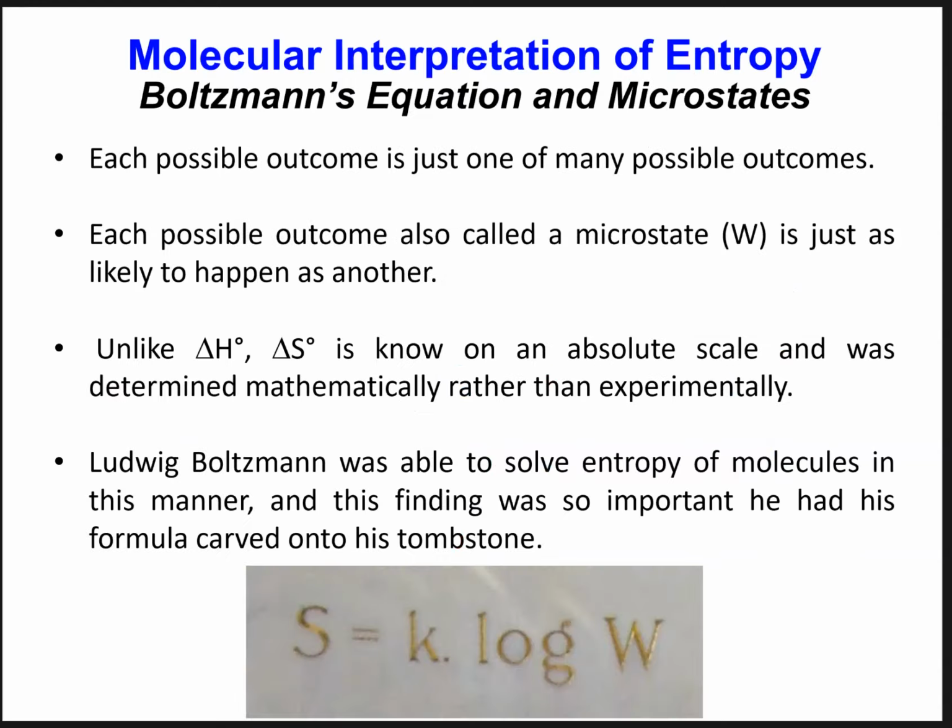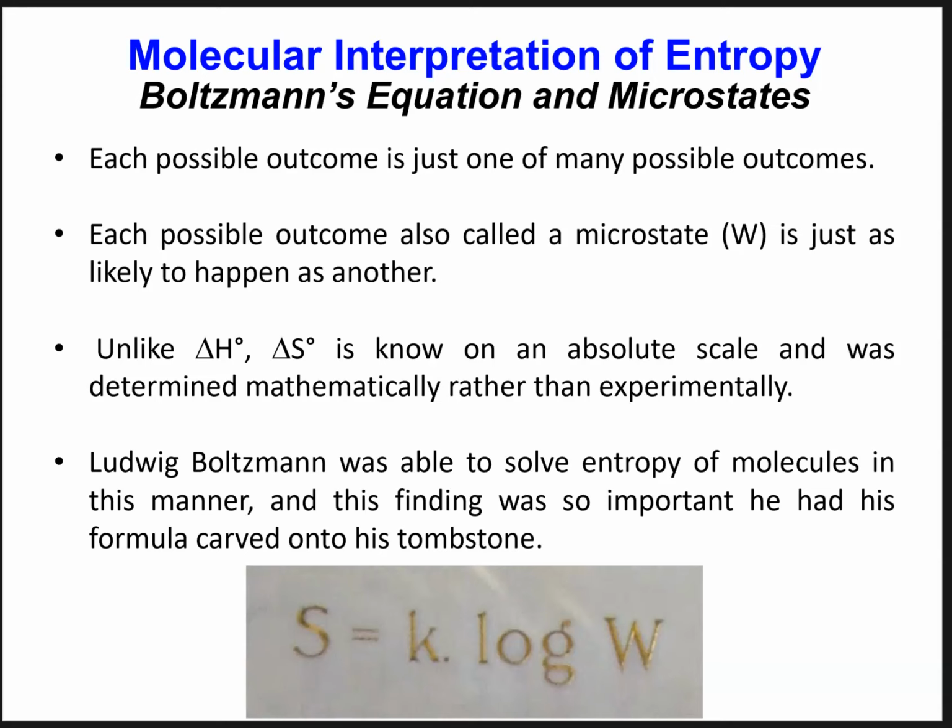So, the entropy of a molecule is defined as being equal to a constant k, or Boltzmann's constant, times the log of the number of microstates. So you have to figure out how many possible ways a molecule can express itself in order to figure out entropy.